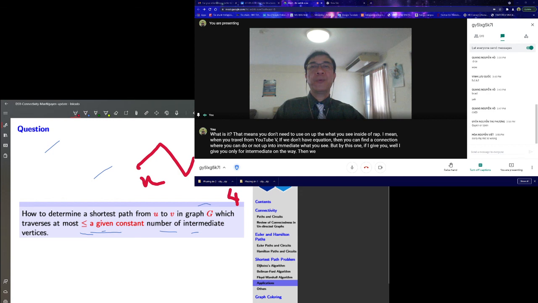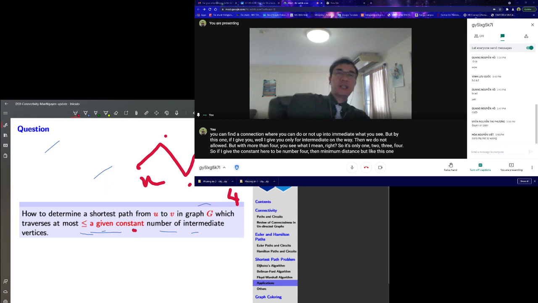You see what I mean, right? So this already has 1, 2, 3, 4. So if I give the constant here to be 4, then the minimum distance path like this one will not be acceptable because you employ 5 nodes already. You see, 1, 2, 3, 4, 5.